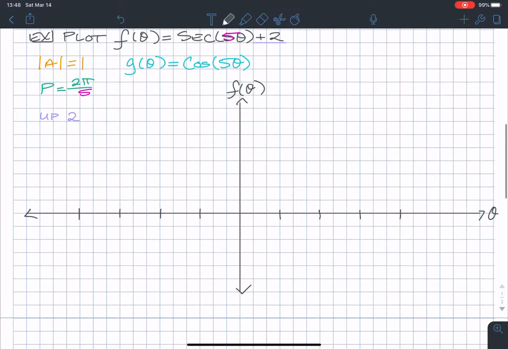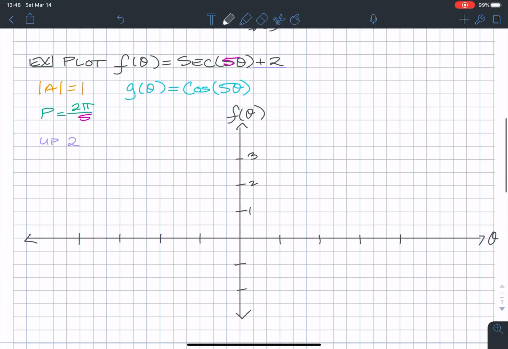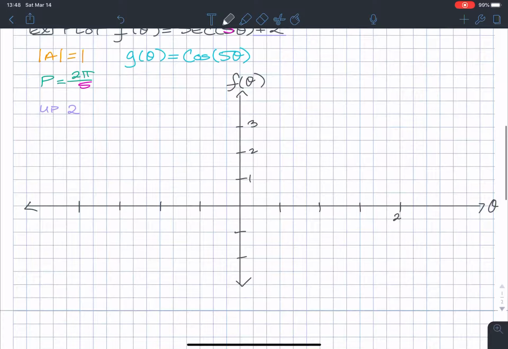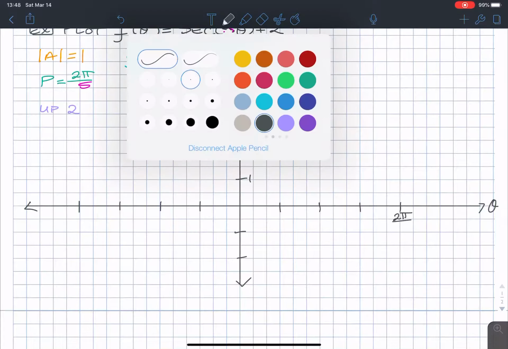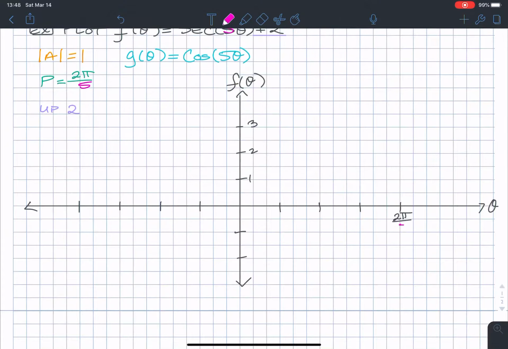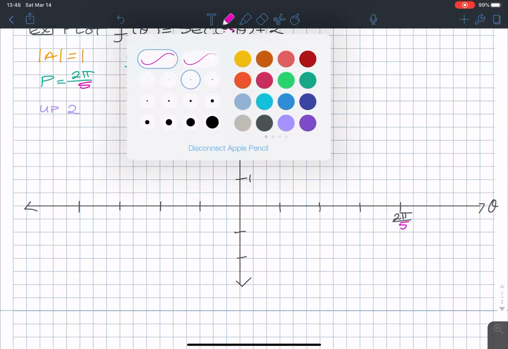quadrants to the left. My amplitude is 1, but I know I'm going to be going up 2 units, so I'll put a couple more tick marks. So my period was 2 pi divided by the coefficient, which was 5, the coefficient of theta, that is.